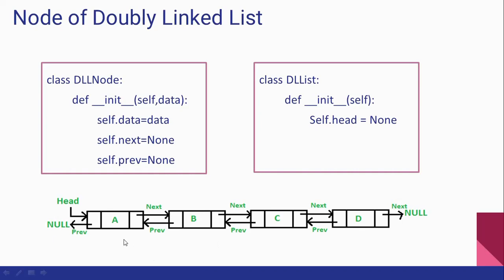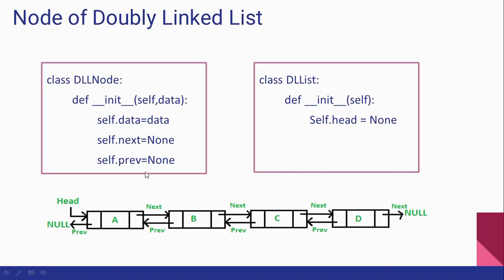So each and every node of the doubly linked list must have three components. One is data, another one is the next pointer which points to the node next to the current node, and the previous pointer which points to the previous node of the current node.